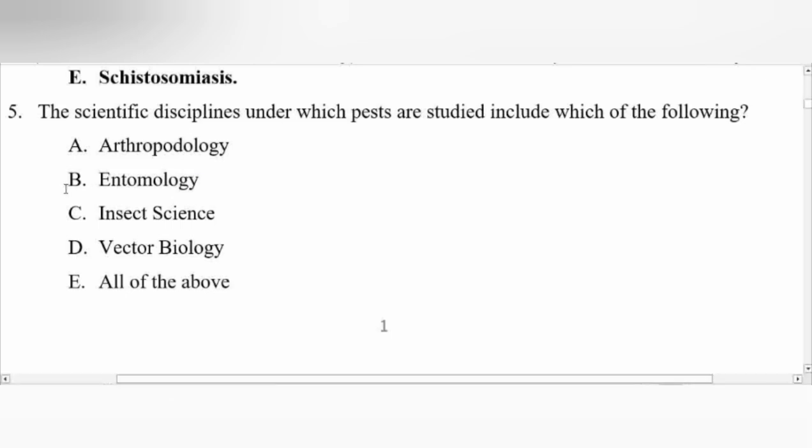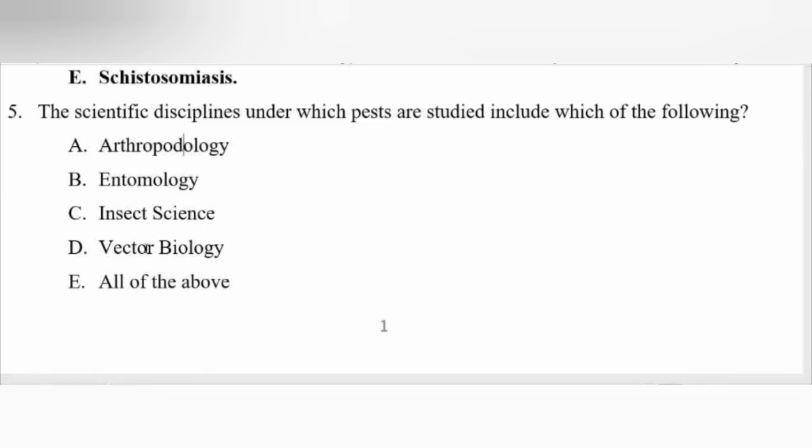Again, then the option B, entomology. Yes, entomology is the scientific study of insects, and so entomology will also capture pests. Then insect science is also, yes, entomology is basically insect science. Then vector biology, that's the biology of vectors.